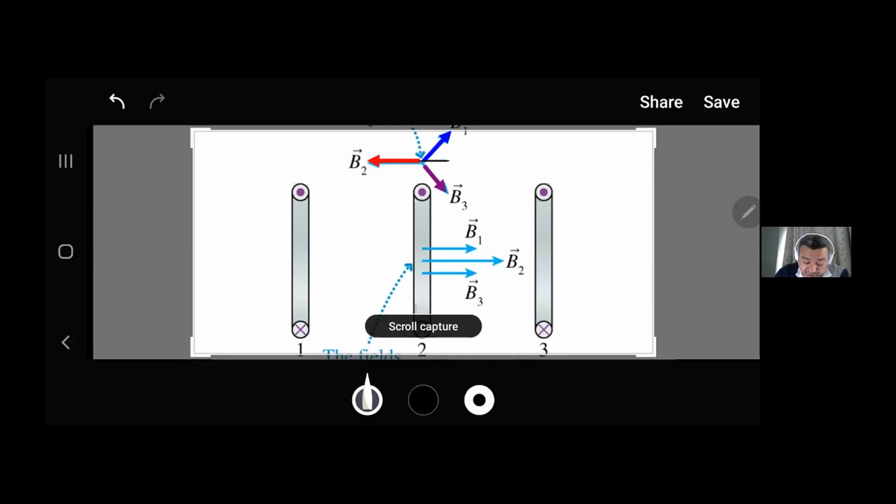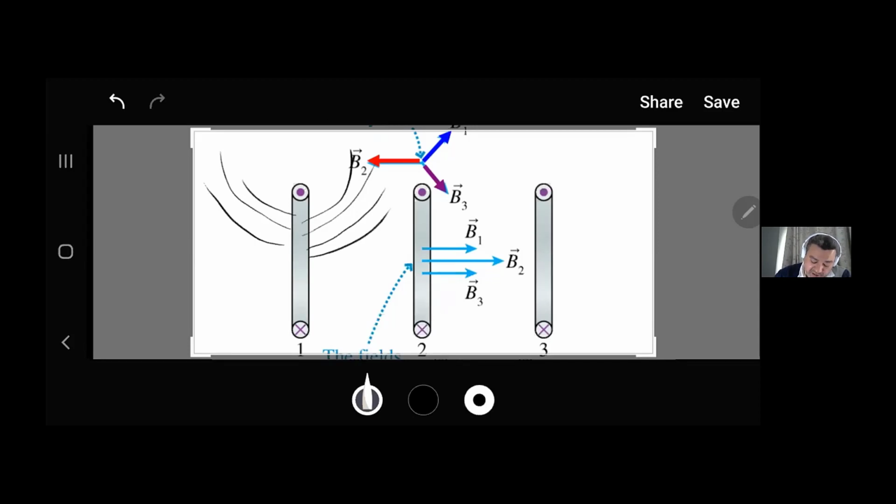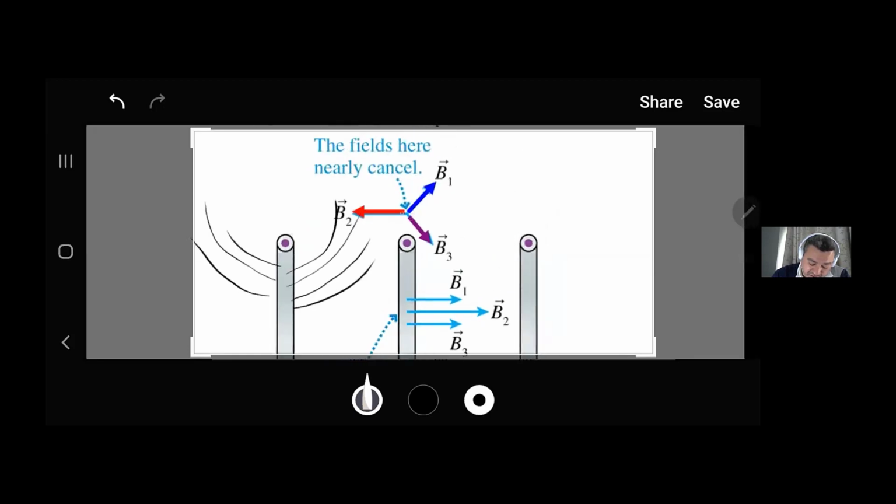However, because that point is tilted with respect to loop number 1 and loop number 3, this one is deflected, this one is going to come from the curve, from the other field lines that are curving this way. That's why at this point we can see that the magnetic field of B1 is pointing up in this direction.